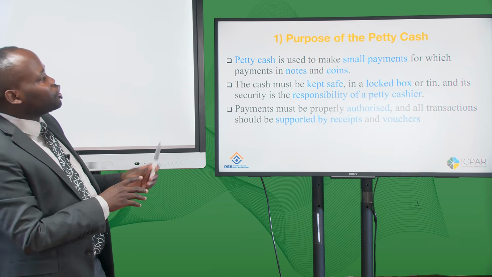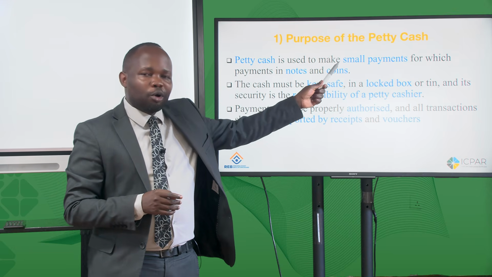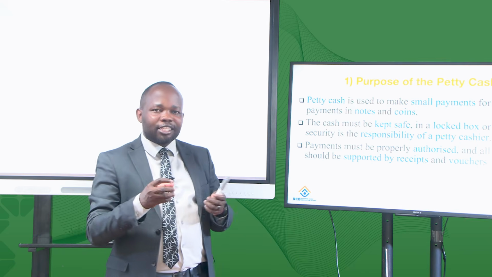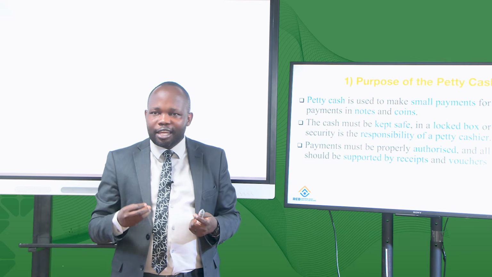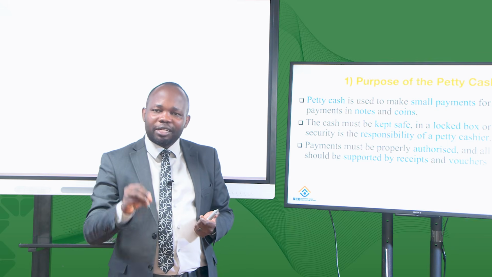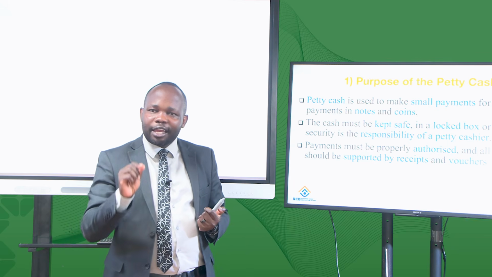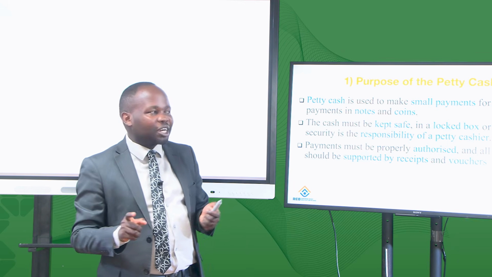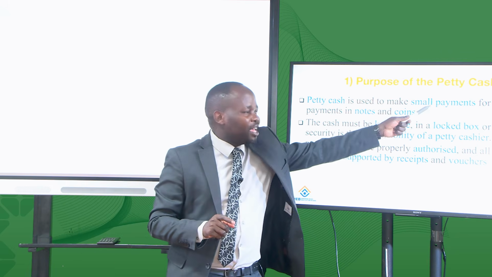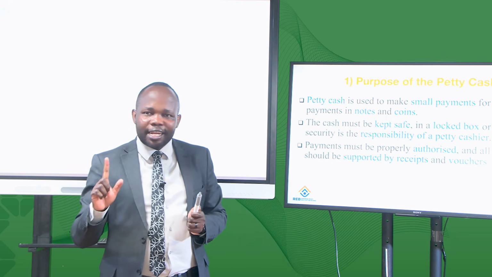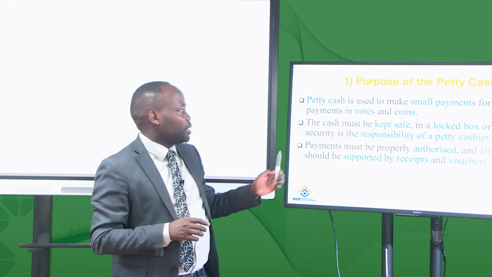Remember, petty cash is used to make small payments, and these payments are in notes and in coins because it's payment out of cash. Cash can either be in notes or coins, but remember, they are small payments, not major payments in the organization.